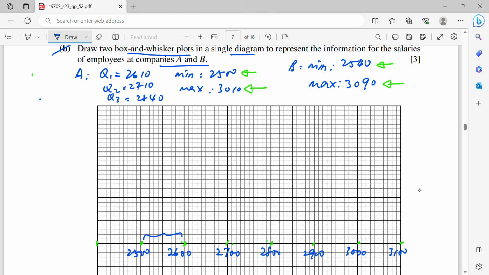Now for A, the minimum is 2500, and the maximum is 3010.